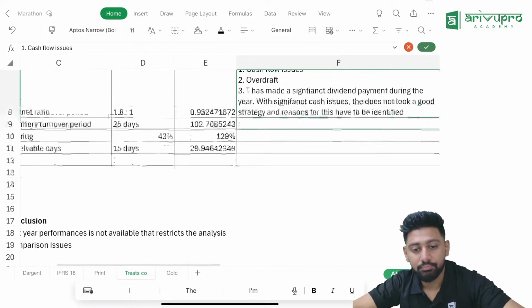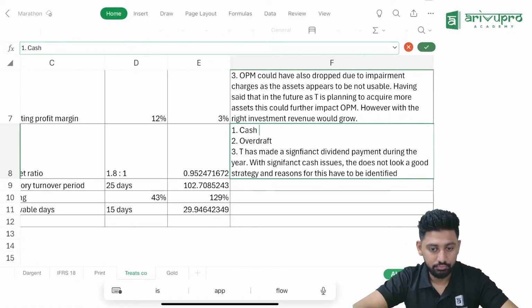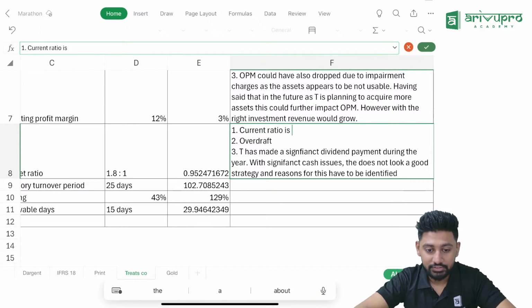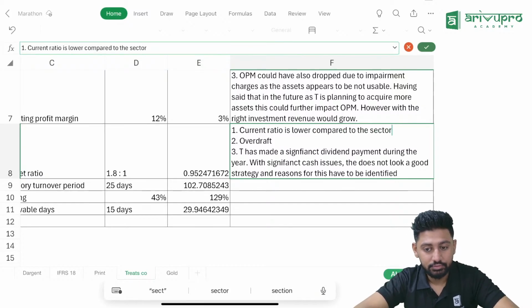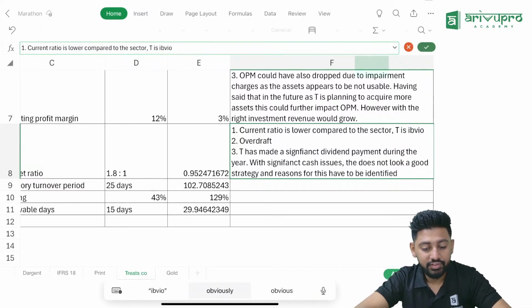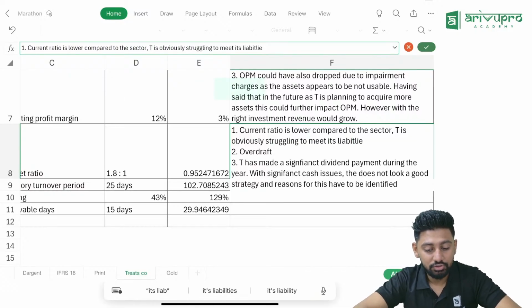Cash flow issues, my current ratio. So I'm going to talk about that immediately. Current ratio is lower compared to the sector. T is obviously struggling to meet its liabilities.